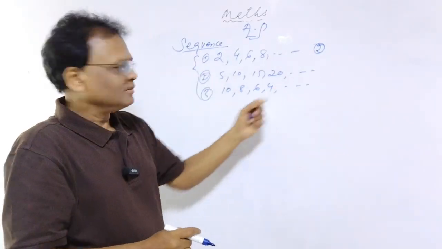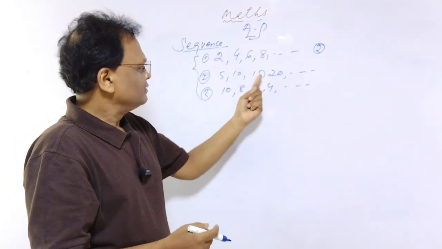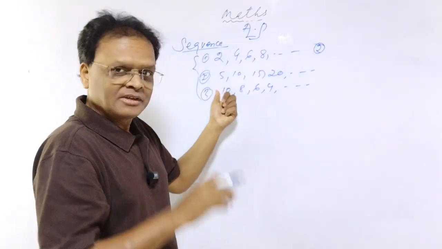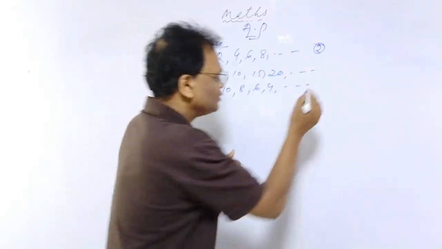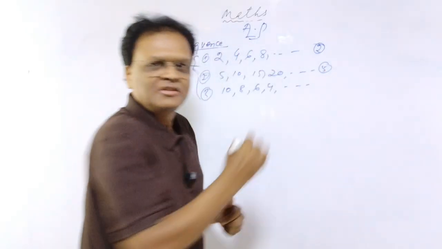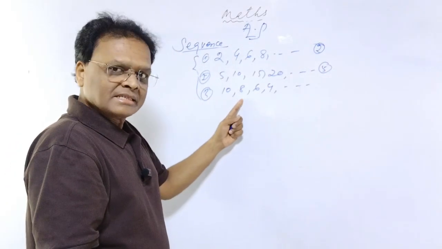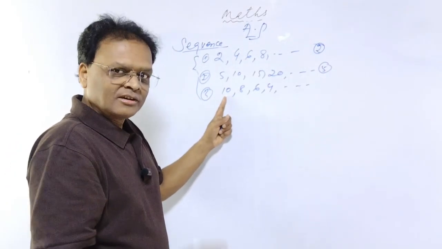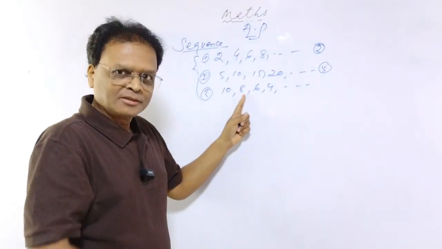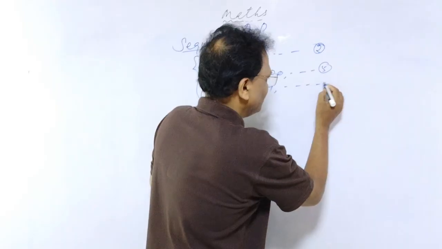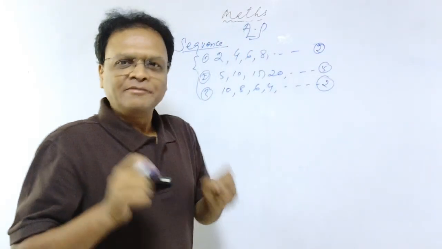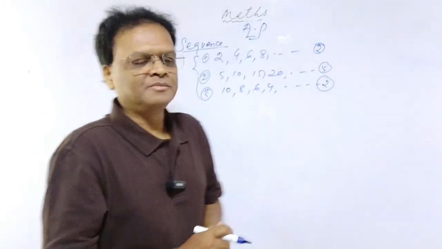In the second series, 10 minus 5 is 5, 15 minus 10 is 5, 20 minus 15 is 5 only. So the fixed difference is 5. In this case, 8 minus 10 is minus 2, 6 minus 8 is minus 2, 4 minus 6 is minus 2. So the fixed difference is minus 2.